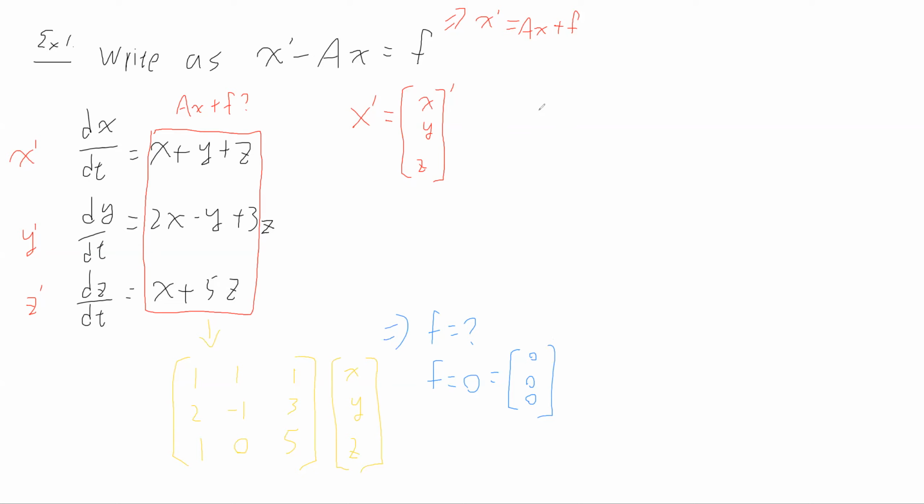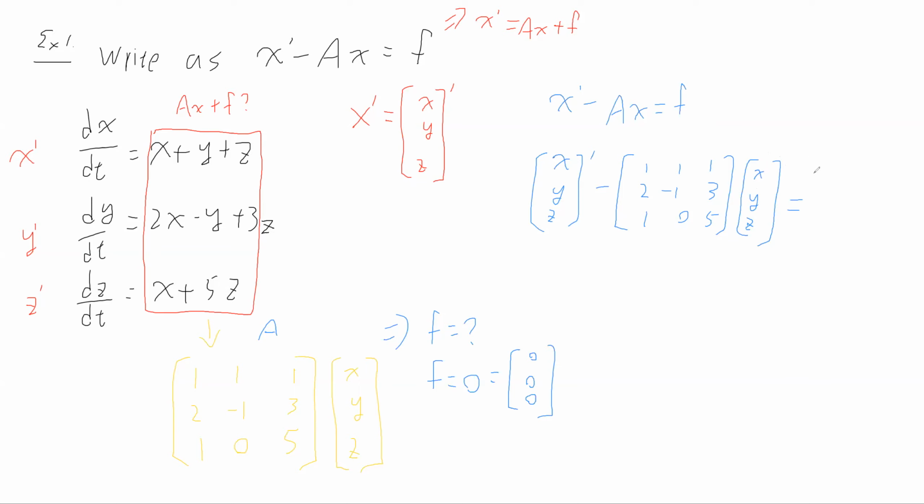Okay. All right. Now we can put everything in this form: x prime minus ax is equal to f. So we have x prime, which is x, y, z prime, minus a, which is this matrix right here: 1, 1, 1, 2, negative 1, 3, 1, 0, 5, times the vector x, which is x, y, z, is equal to f.